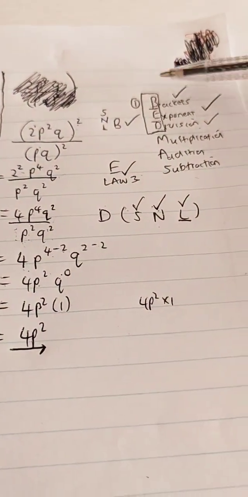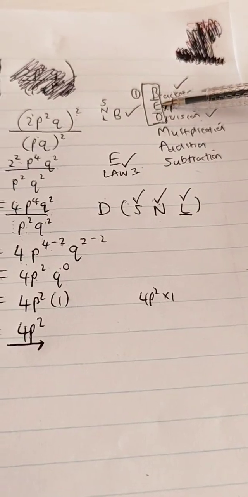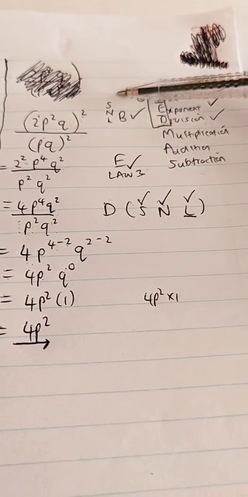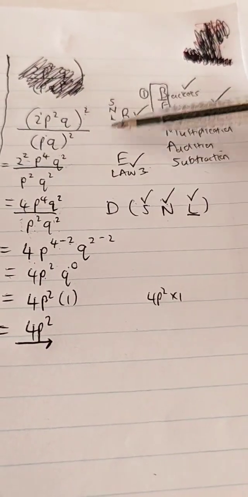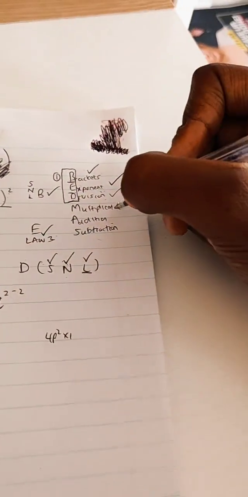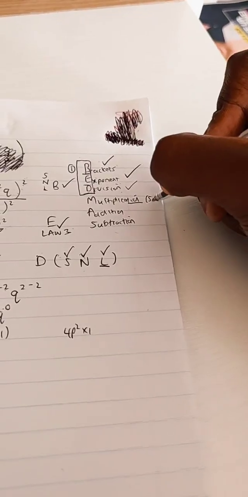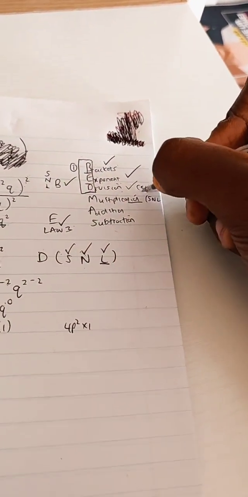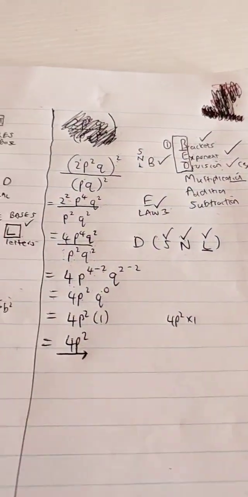BED. B-E-D. Brackets, exponents, division. That's all I incorporated when I was dealing with this. The minute I get to multiplication, I don't forget the sign and the letter. The minute I get to division, I don't forget the sign and the letter.